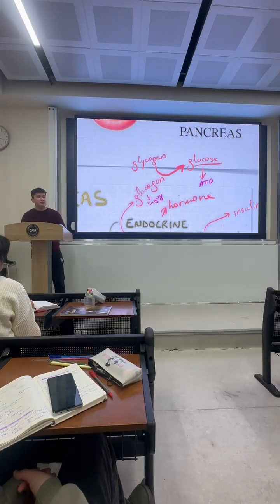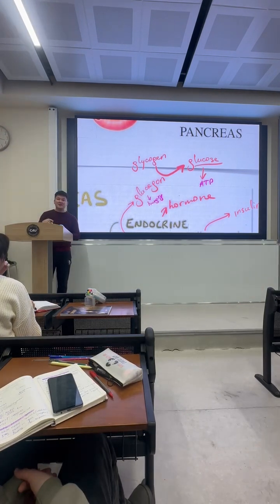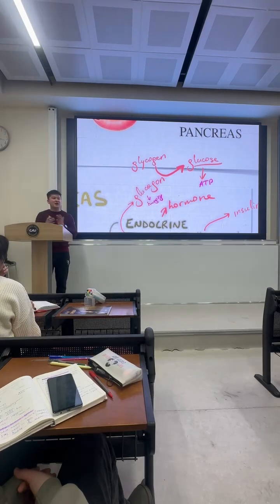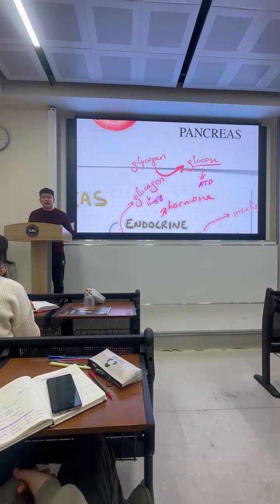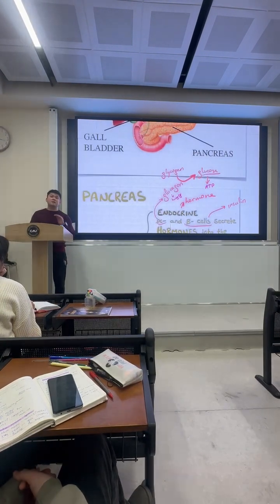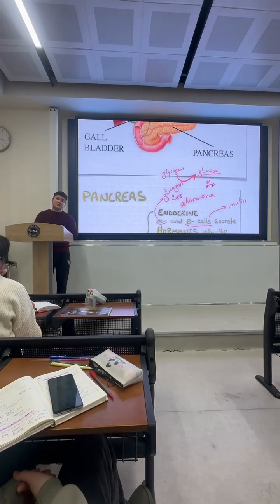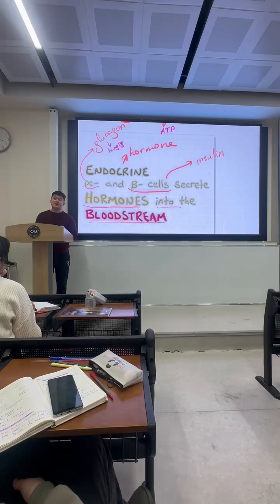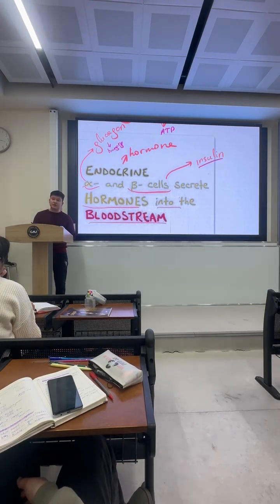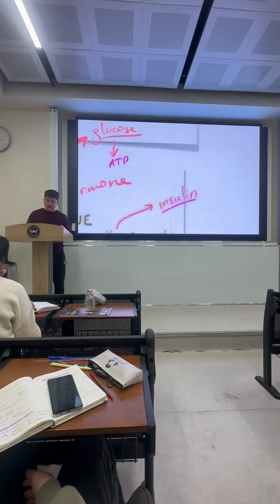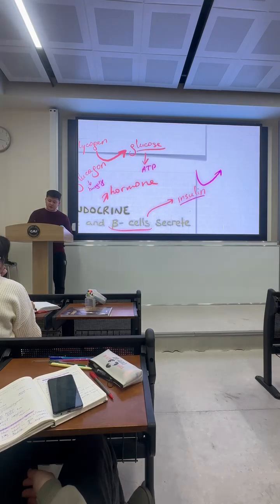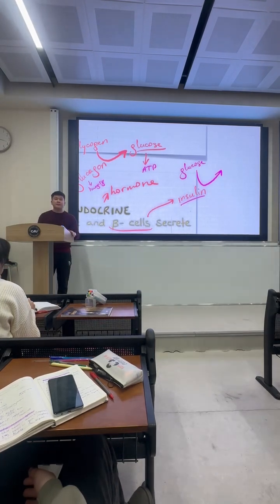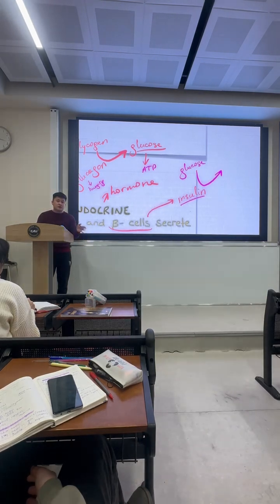After 6 p.m. today, I go home and I eat a lot. After 10 or 15 minutes, what happens? Insulin spikes. My beta cells from the pancreas release insulin. I received a lot of glucose after eating, so my digestive tract broke it down.